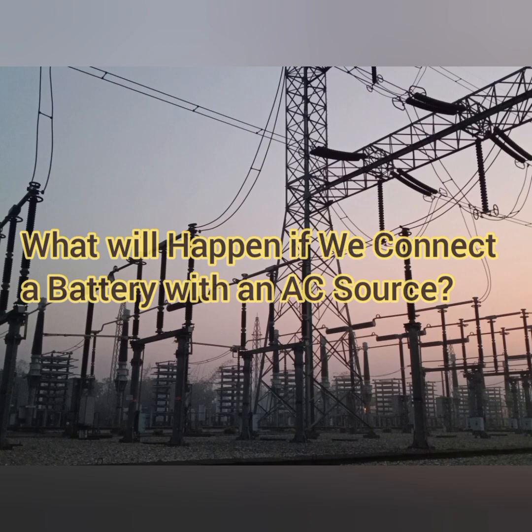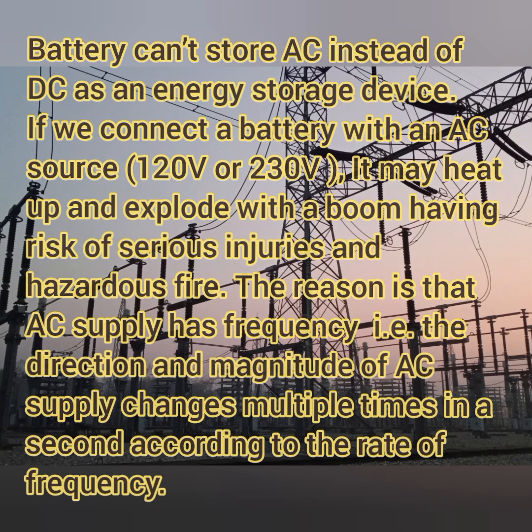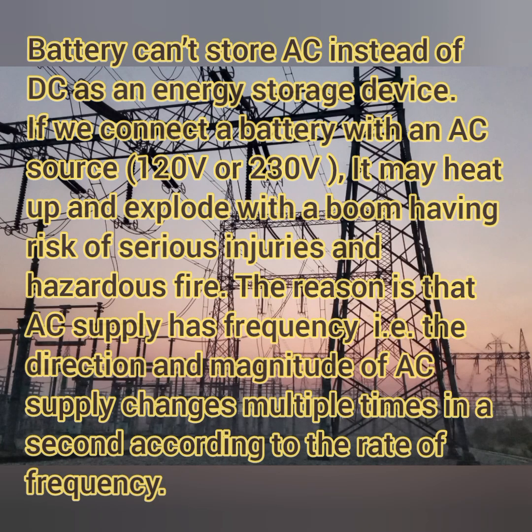If we connect a battery with an AC source instead of DC, the energy cannot be stored, because the frequency of the AC supply fluctuates, which means it goes from a positive half to a negative half of the cycle. And DC is a steady state, there is no frequency in the DC supply.